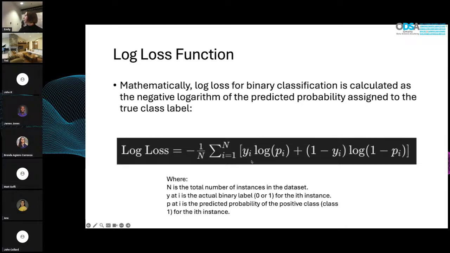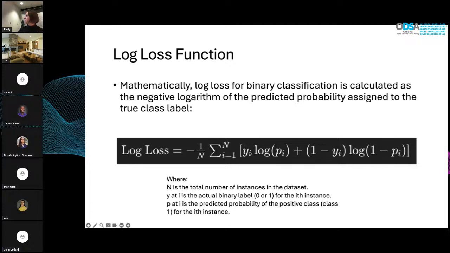We have y at I, which is the actual binary label for the instance. y is the ground truth, and I represents the instance that you're at. So for the first pass through this, we're going to calculate all of this for row 1, then all of this for row 2, then all of this for row 3. That's what we're adding up.